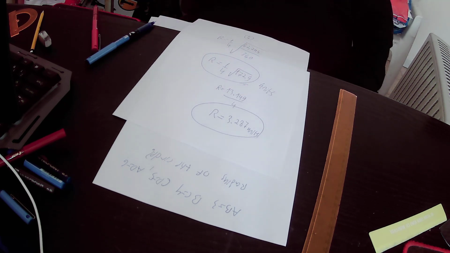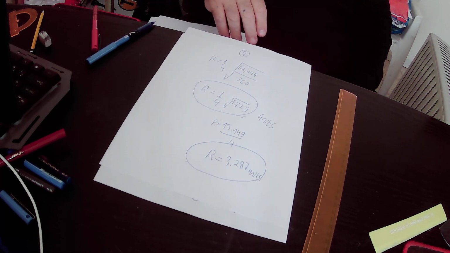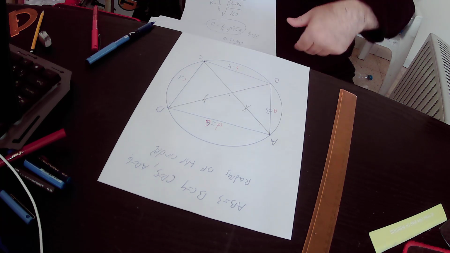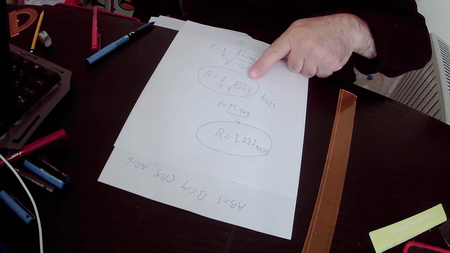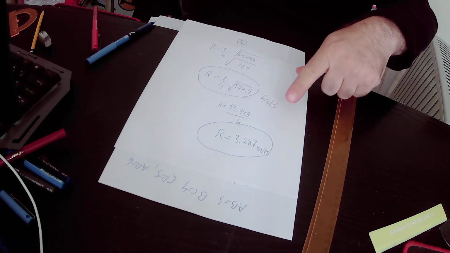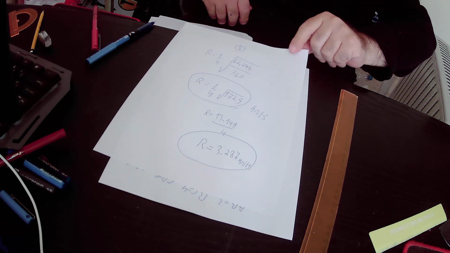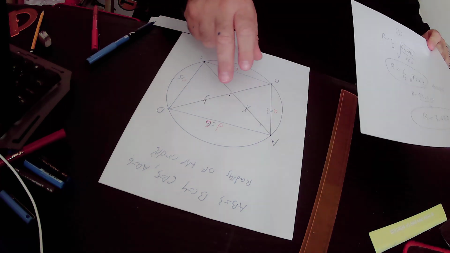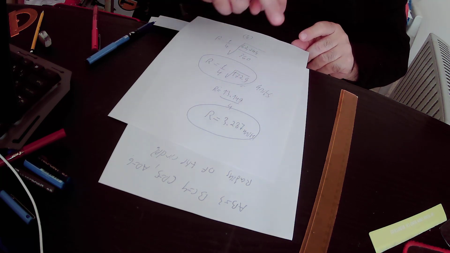3.287 units. I will repeat again. We found out that the radius of this circle that circumscribes quadrilateral ABCD equals either the root of 172.9 over 4 units, or in terms of numbers, 3.287 units.